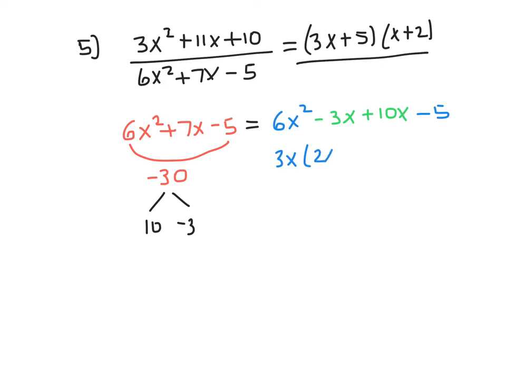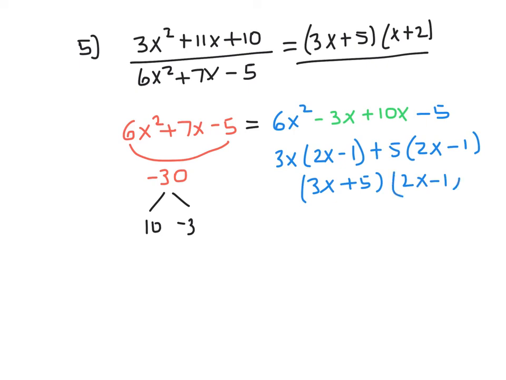So this becomes 2x minus 1. I see 5 is common. So this is 2x minus 1. So I get 3x plus 5 and 2x minus 1. So this becomes 3x plus 5, and this is 2x minus 1.